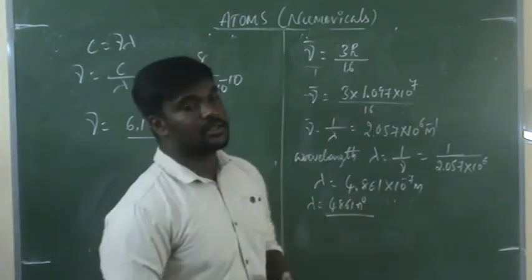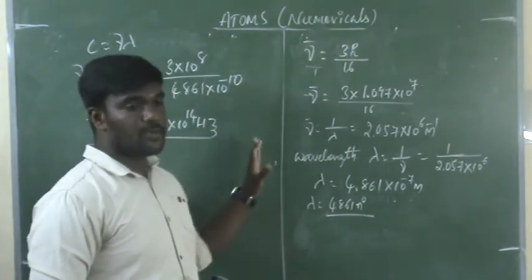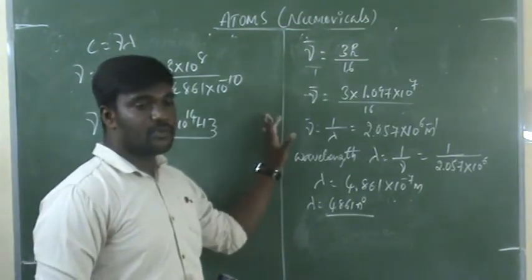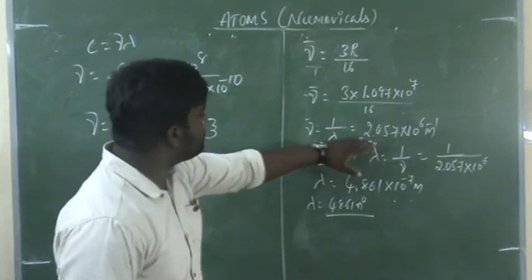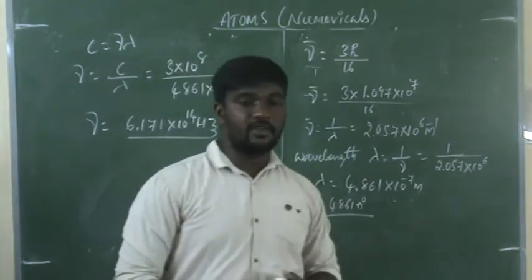Next, wavelength: nu equals 1 by lambda, which means lambda equals 1 by nu. So we get the wavelength formula. Again, calculate the frequency.